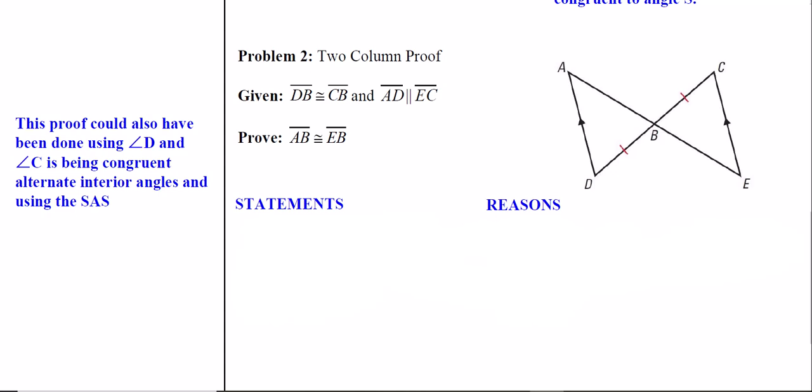We're given that DB is congruent to CB. That's great. So that's already one pair of sides. We're given that AD is parallel to EC. So that's not a congruency. And we're not proving that the triangles are congruent. We're proving that AB is congruent to EB.